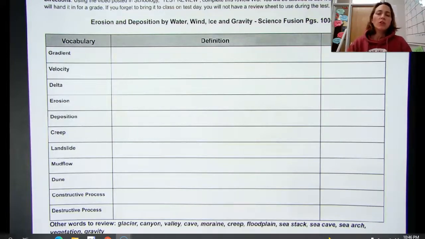So these are words that I think are important for you to understand. And to show you that I think they are important, I listed them. Boring, I know, but it's a starting point. I'm going to highlight the words that I think are absolutely essential to understand.